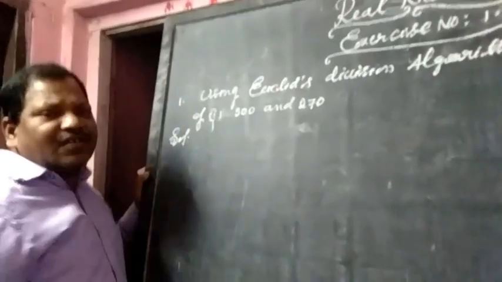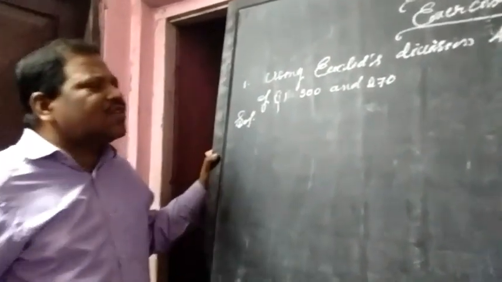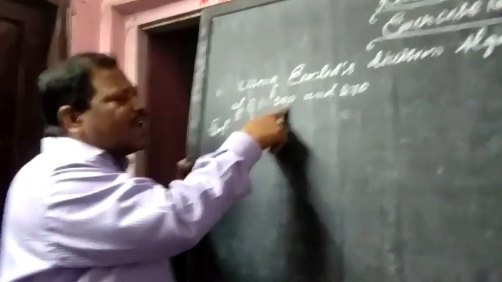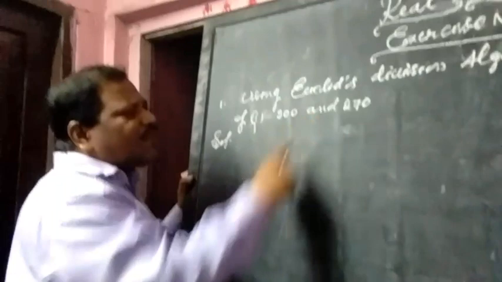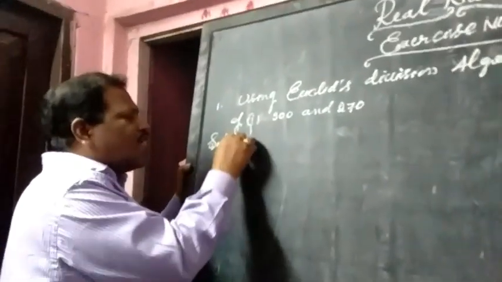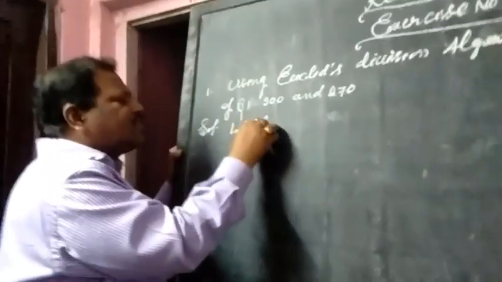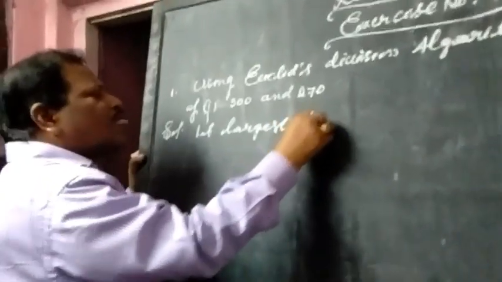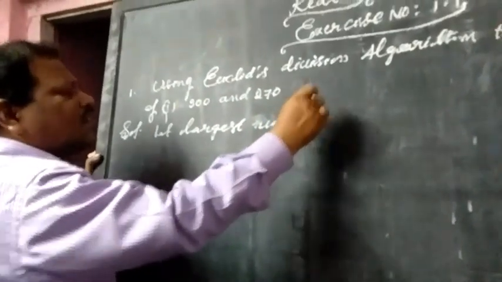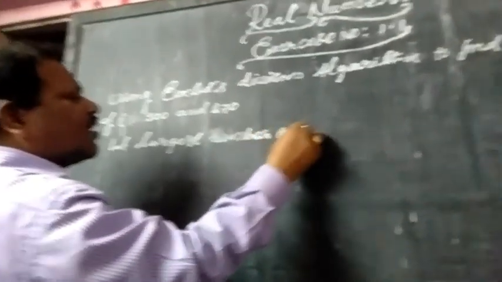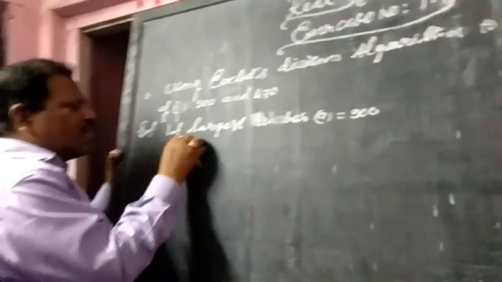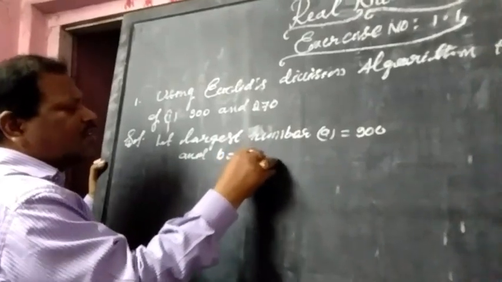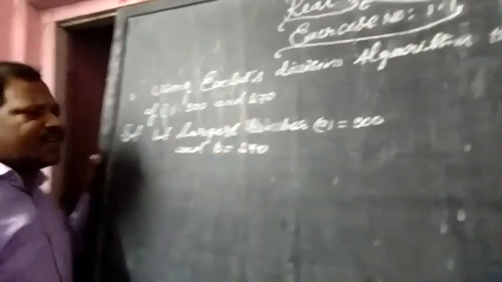Let the largest number A be equal to 900 and the smallest number B be equal to 270.